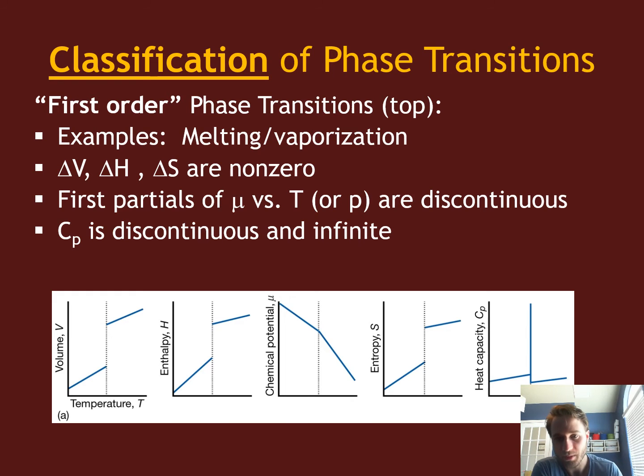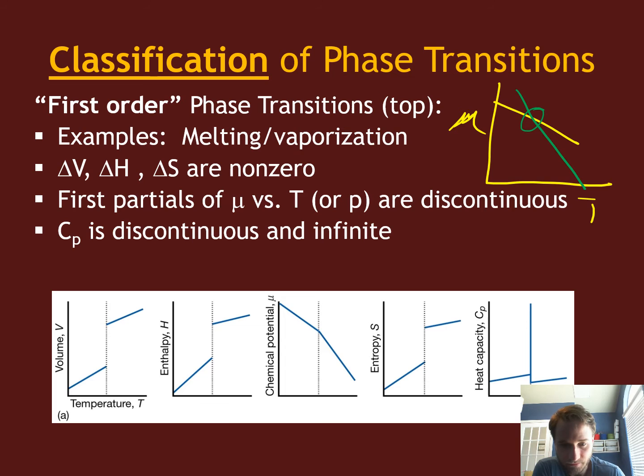Because again, if you remember, we had those plots of chemical potentials versus temperature. If you plotted mu versus T, you had your solid and you had your liquid. So at this point, the slope is different at this phase boundary between the solid and liquid. While the chemical potentials are equal, their slopes are different. They're discontinuous.